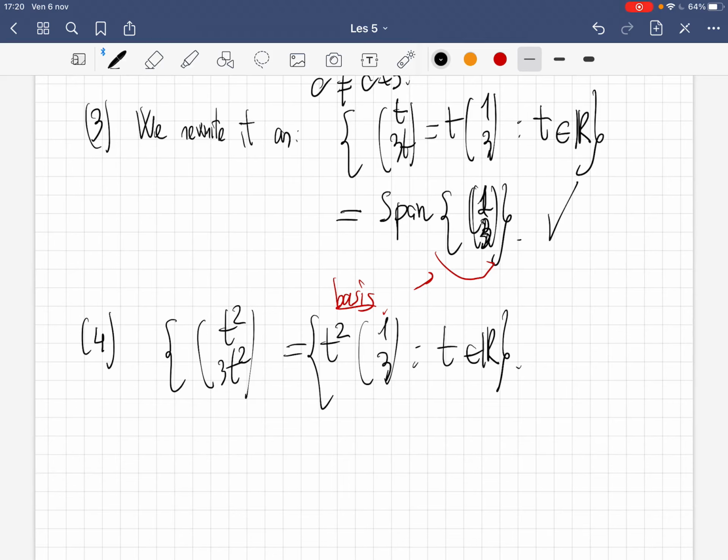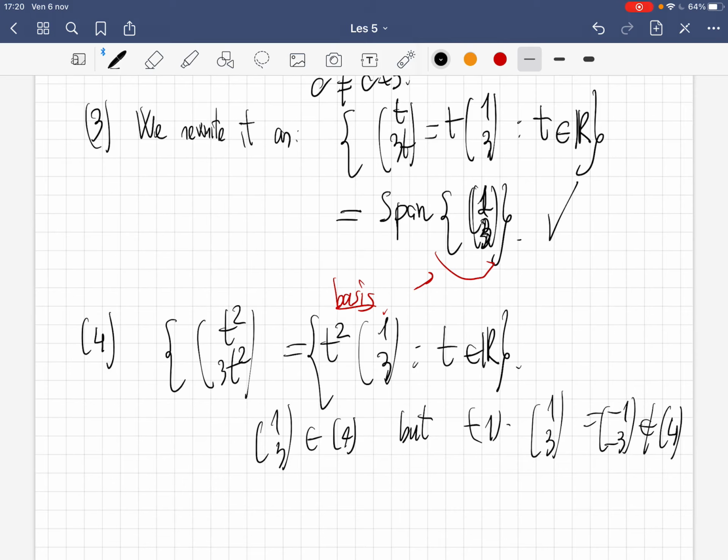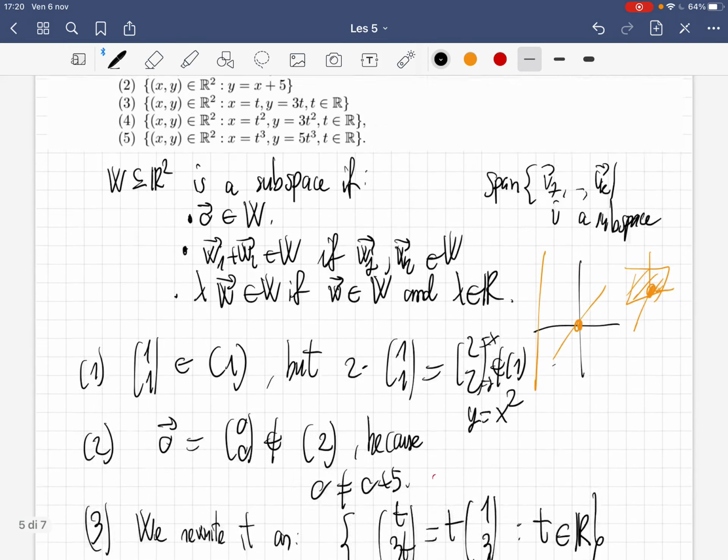For example, (1, 3) looks okay-ish, it lives in this set, but -1 times (1, 3), which is (-1, -3), doesn't, because it's not of the form a square number times (1, 3). The point is that t squared is always positive. So you see, this is positive, so this can't be here. And yeah, so this is not a subspace.